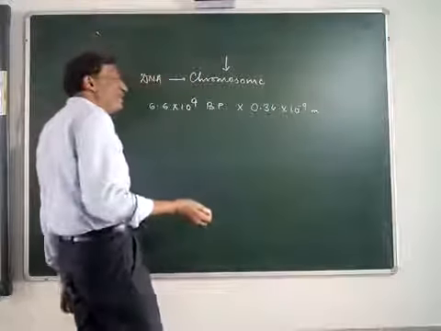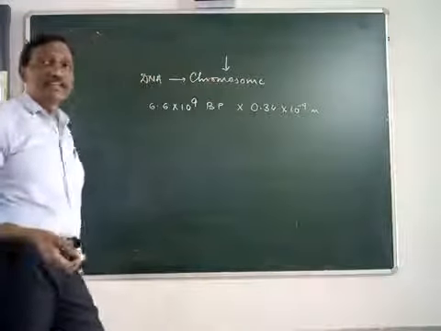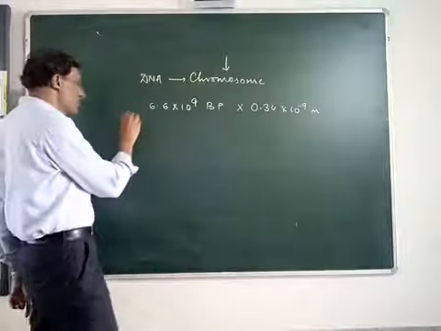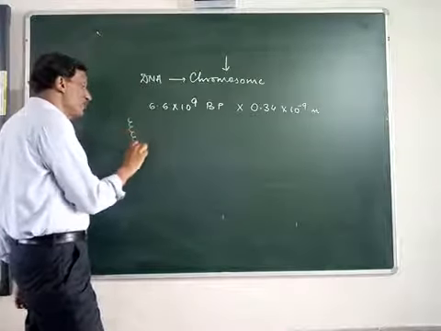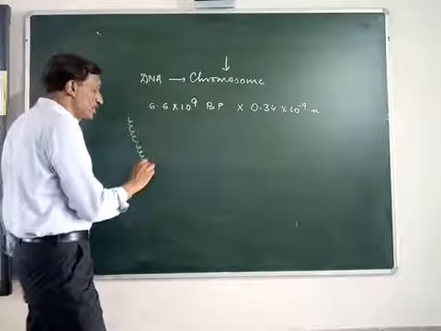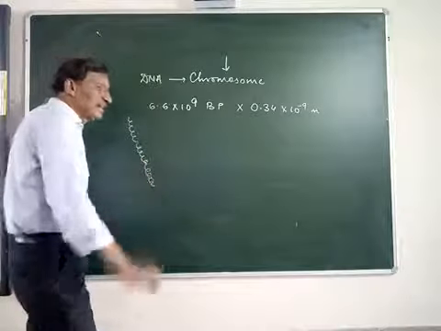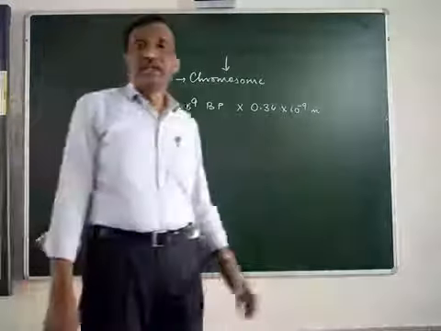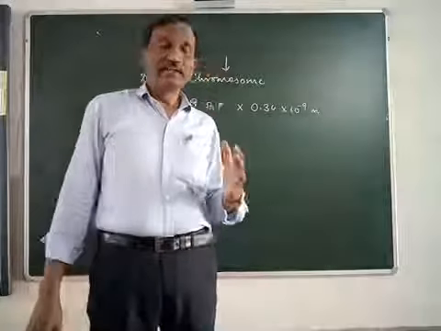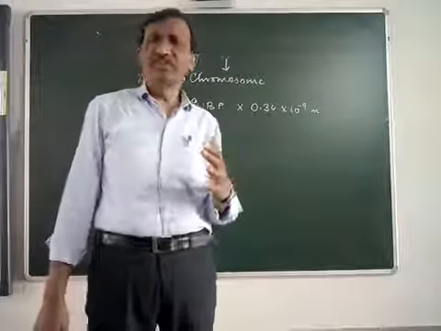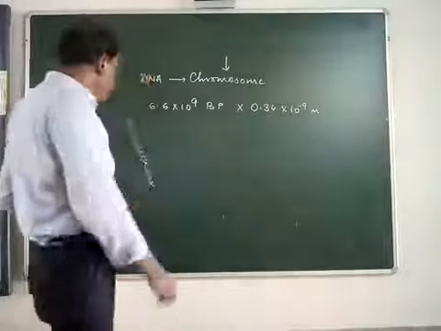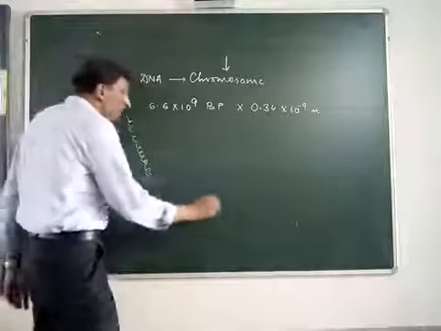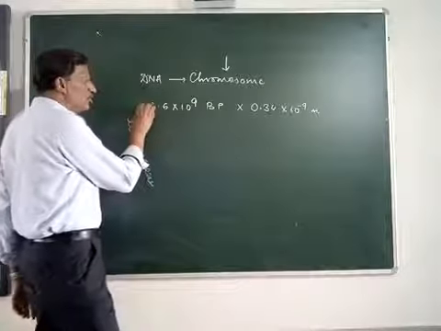So if you multiply this, we will get the total length of the DNA, that is the DNA in all the chromosomes. This is suppose the first chromosome DNA, this is the second chromosome DNA, this is the third chromosome DNA. Like that, if we take all the chromosomes which are found in the human being, if we put them together, that is 46 chromosomes, then we will have the total length equal to this.